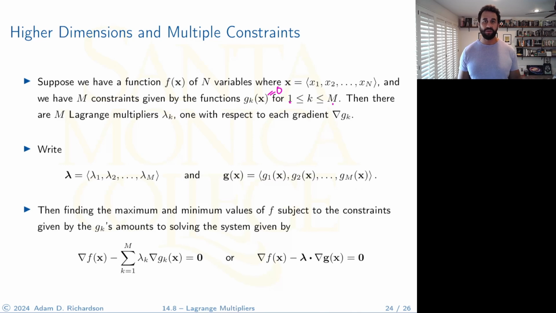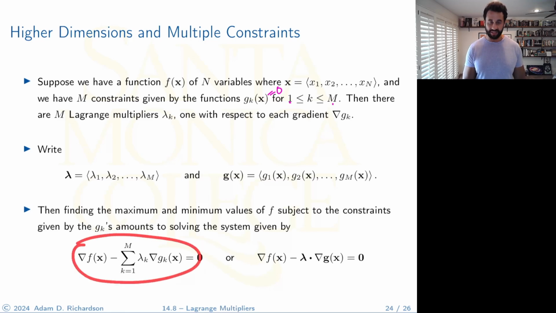Then finding the maximum and minimum values of f subject to those constraints amounts to solving this system: the gradient of f minus the Lagrange multiplier times the gradient of each one of the g sub k's, and you've got m of them, so you subtract the sum of all of them, and set it equal to 0.